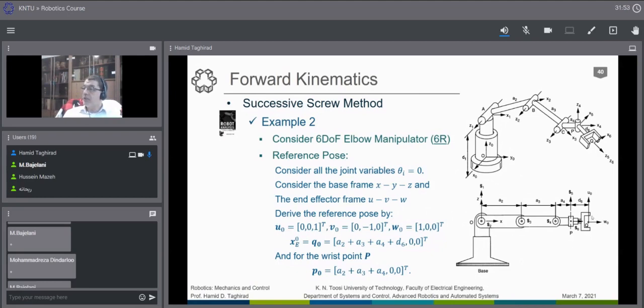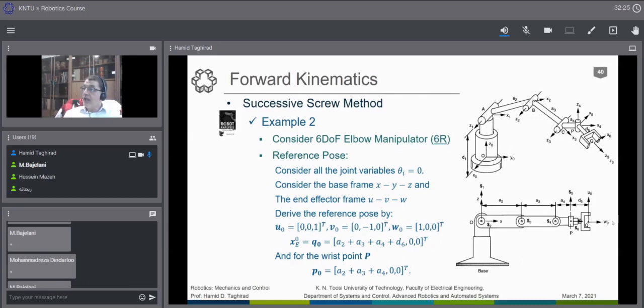Then we have the orientation and position. The position of this point is fully extended along X. So we have A2 plus A3 plus A4 plus D6. This D6 is a fixed wrist to end effector distance. As you see, A2, A3, A4 plus D6 along the X coordinate. The other angles are not important. The orientation that we have, U, V, W: U is along Z, as you see, so it is 0, 0, 1.